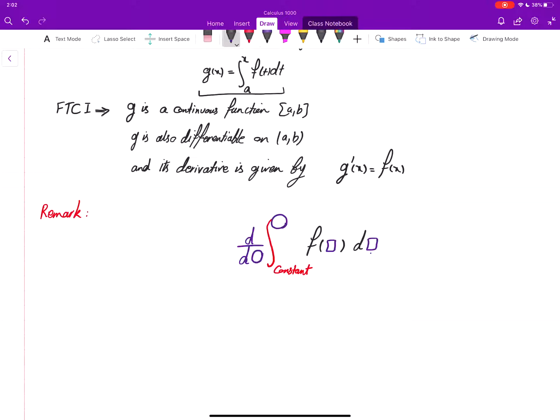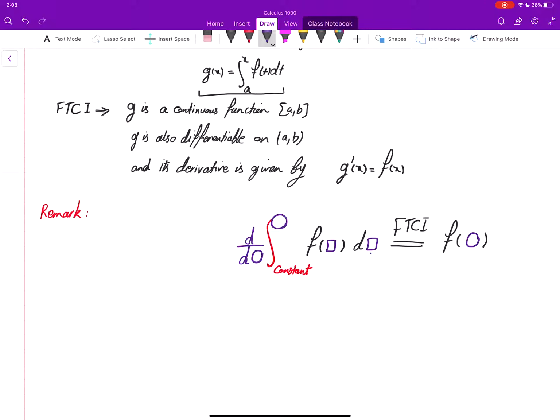Then, in that case, FTC part 1, the fundamental theorem of calculus part 1, says to get the integrand and put in, instead of the integrating variable, which is now gone, the upper limit variable, or exactly the differentiating variable.